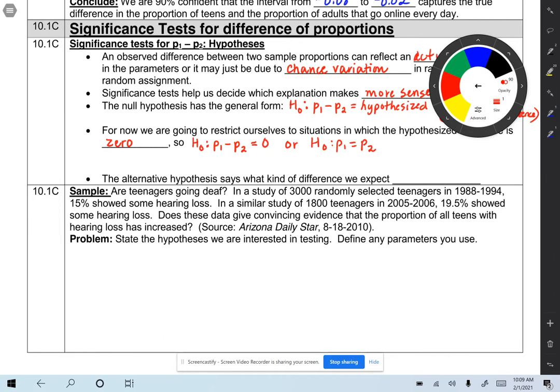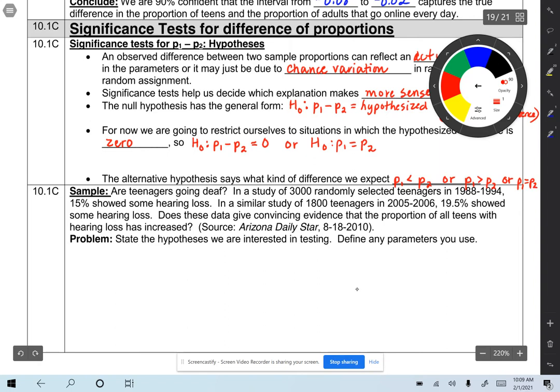The alternative hypothesis says what kind of difference we expect. So if we're talking about two proportions, is proportion 1 less than proportion 2? Or is proportion 1 greater than proportion 2? Or is proportion 1 not equal to proportion 2?